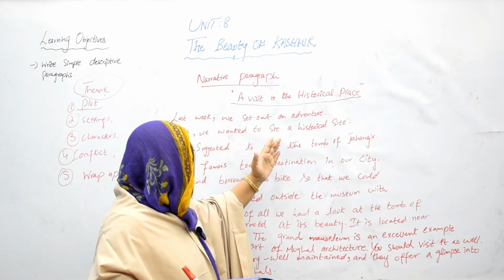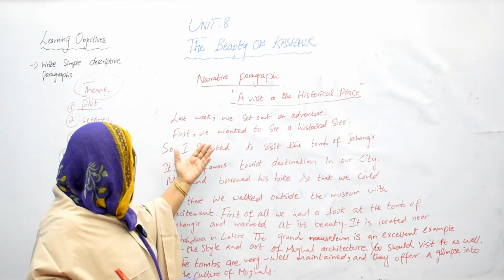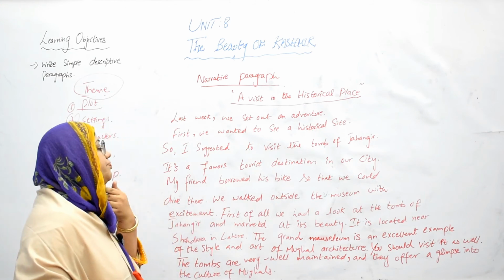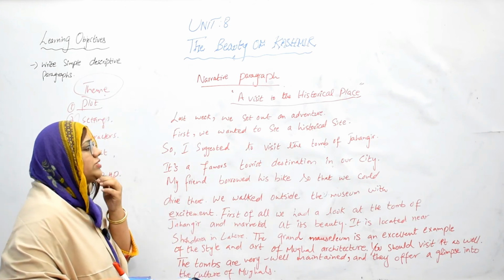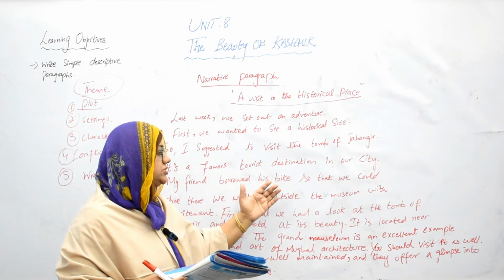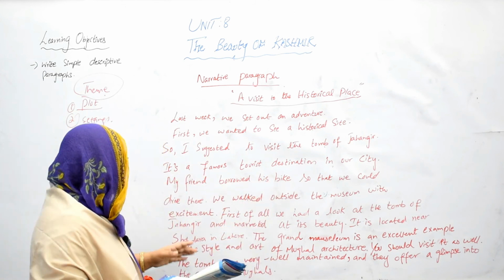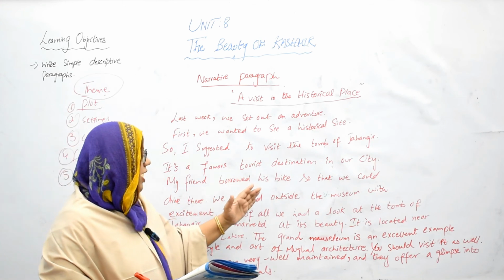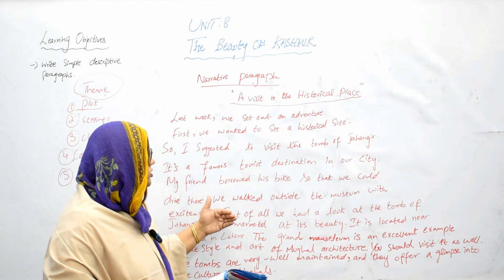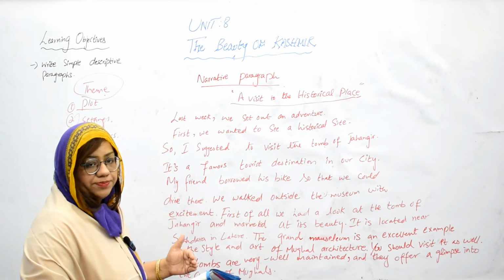Last week, we set out on an adventure. First, we wanted to see a historical site. So I suggested to visit the tomb of Jahangir. It's a famous tourist destination in our city. My friend borrowed his bike so that we could drive there. We walked outside the museum with excitement.